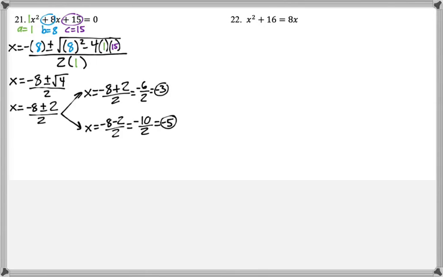Now, if they didn't specifically tell you to use the quadratic formula, you could actually solve this by factoring, and it would be a lot faster.